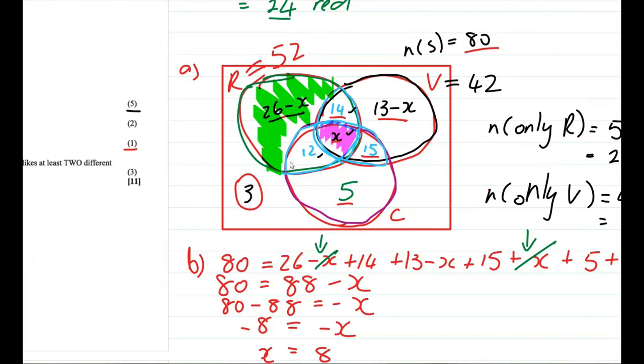I mean, the green highlight that I put down there is only rugby, and this is only volleyball, and this is only chess. And you just identified where it's all 3. So where are the parts where they only like 2? By the 14, 12, and 15 there.